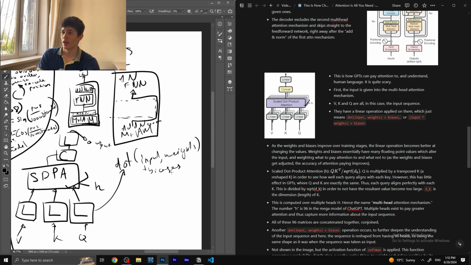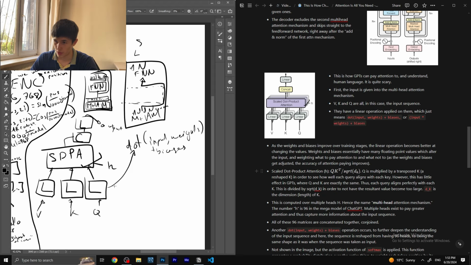And dot just means a multiplication, input times weights. If you don't know how matrix multiplication works, I'm not going to break it down, but essentially if you have 1, 1, 1, 1, and you multiply it by that, it's essentially just multiplication. You'll have to look up matrix multiplication.